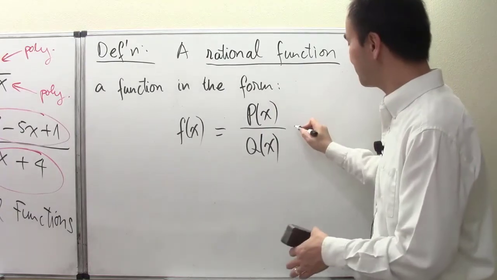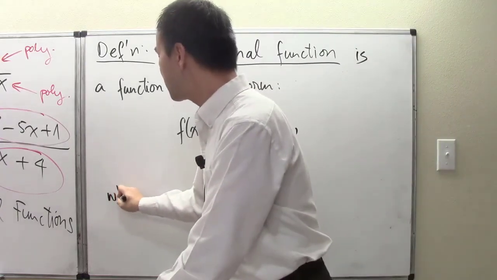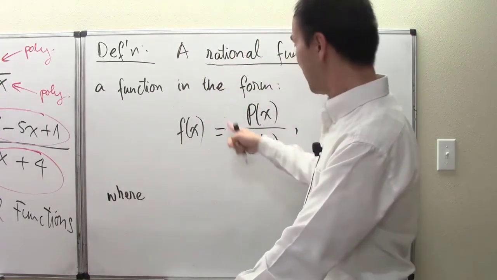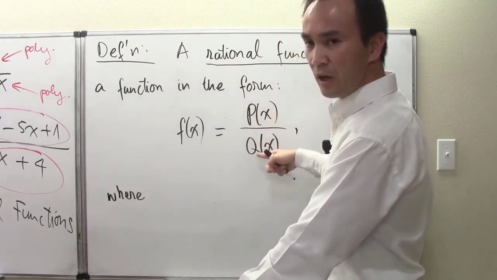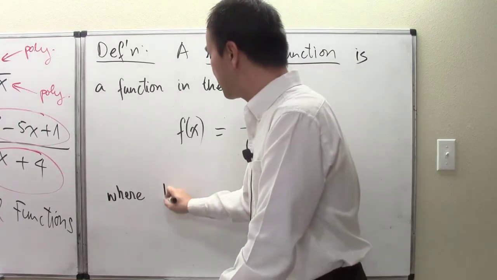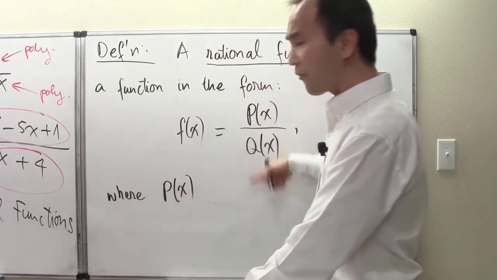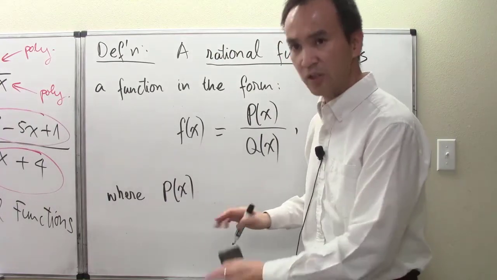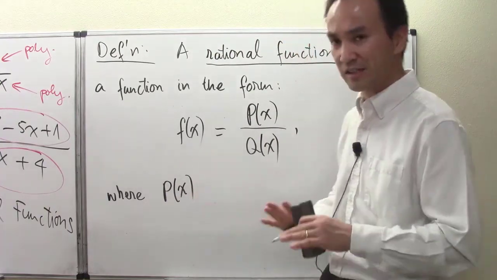But that's not the only requirement. There has to be another requirement. So it has to be in the form of a p of x over a q of x, where P of x in this fraction is the numerator, needless to say, and Q of x is the denominator. So allow me to save the lengthy wording.